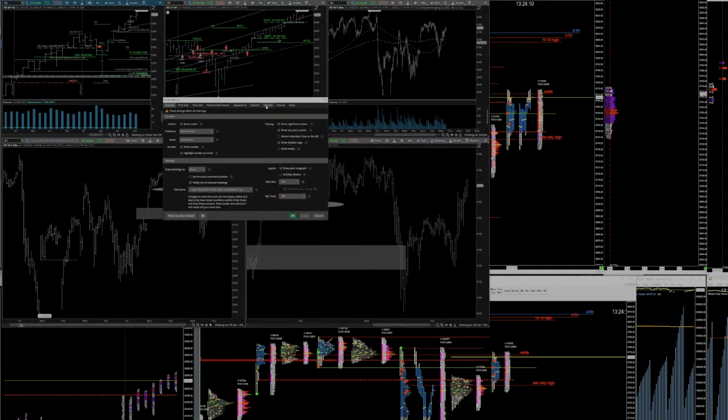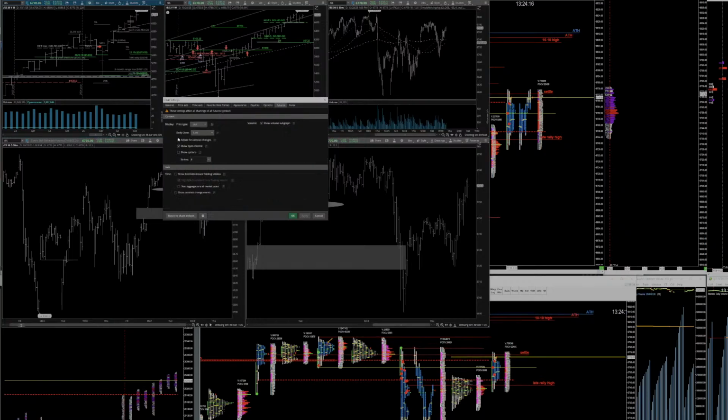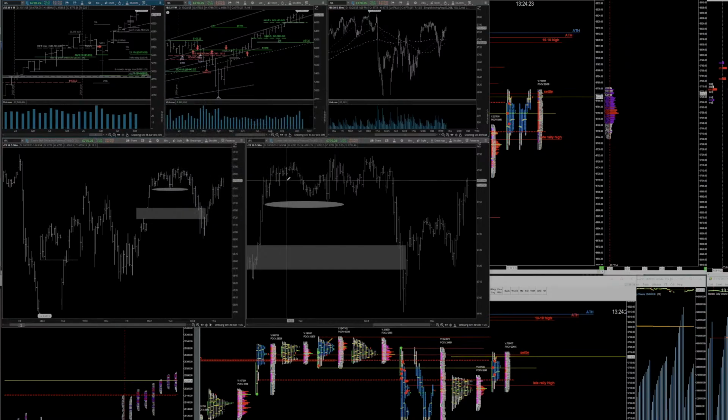As a constant now in the past weeks, volume is coming on the downside days, or during the intraday downside periods, right? There's some volume that really is coming.